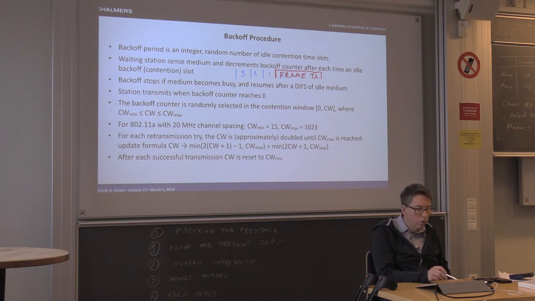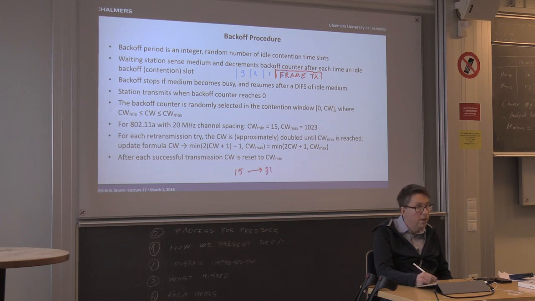So for each new retransmission, we have to back off, and the CW for each new retransmission is approximately doubled until we get to the maximum number. So the exact formula is like this. If we start with 15 for the first contention window, that's the minimum one. If we do a retransmission, it goes to 31.